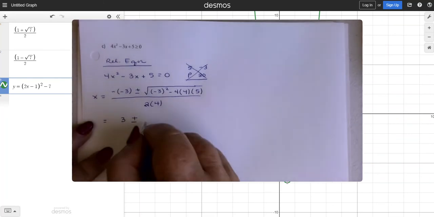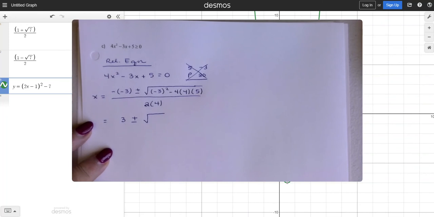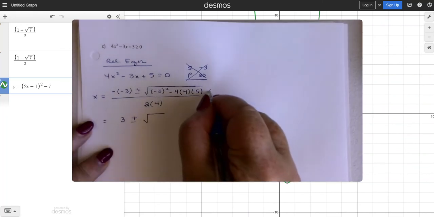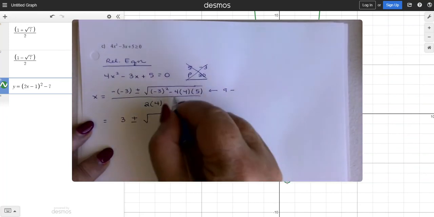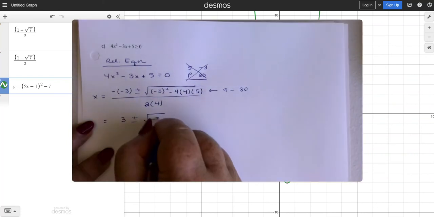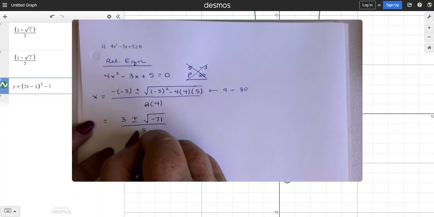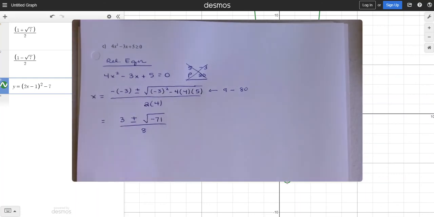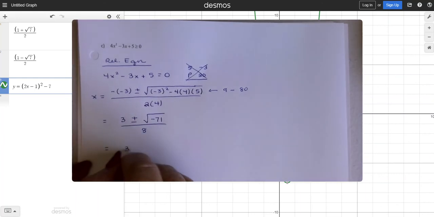So that's 3 plus or minus the square root of, let's see, that is 9 minus 16 times 5, which is 80. So that's negative 71. So I have imaginary solutions to my related equation this time.